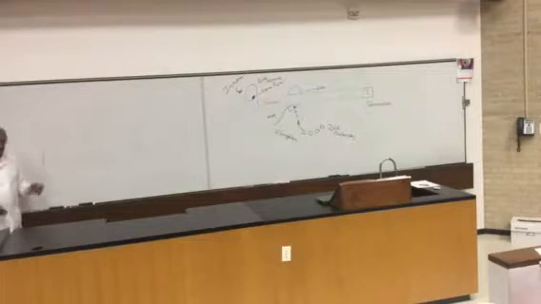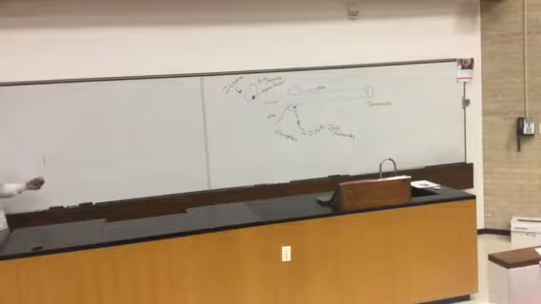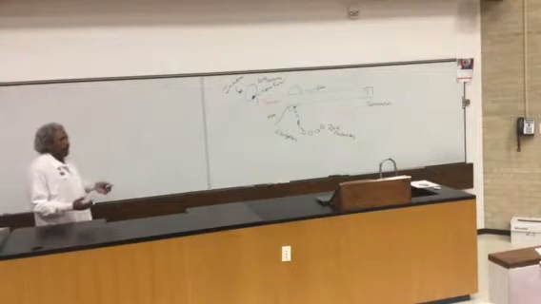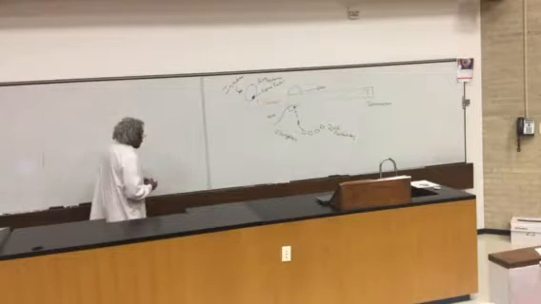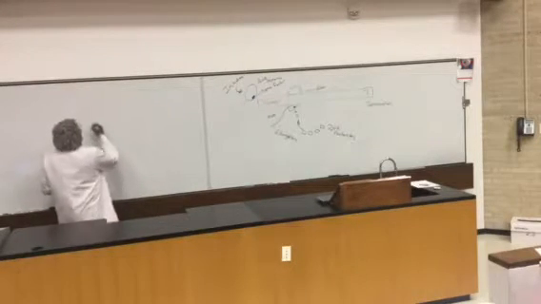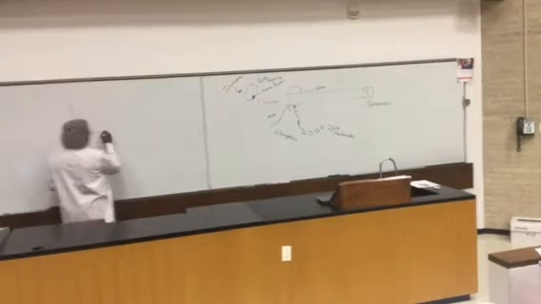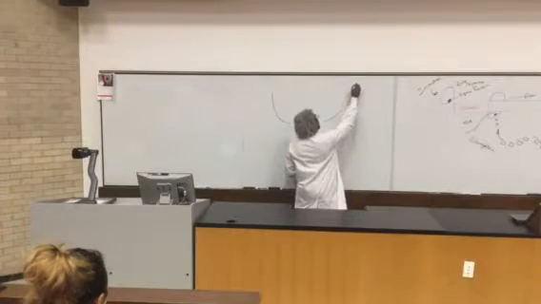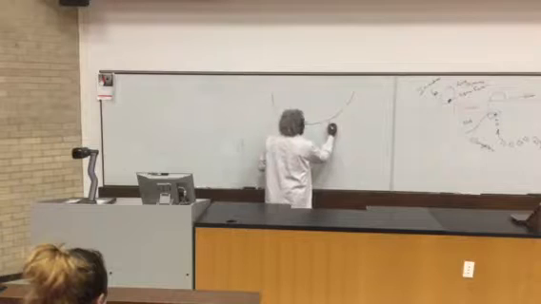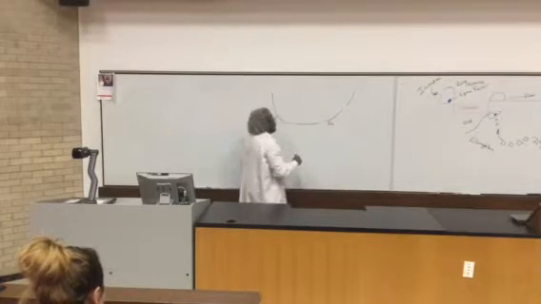Okay, now we're going to talk about describing in detail the processing of a eukaryotic mRNA. This is hard to put in writing. So, you have your nucleus, your pores. This would be a 4, right?